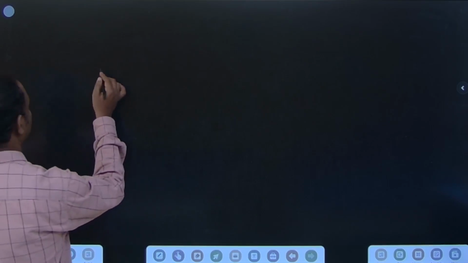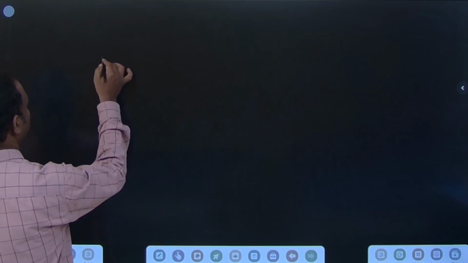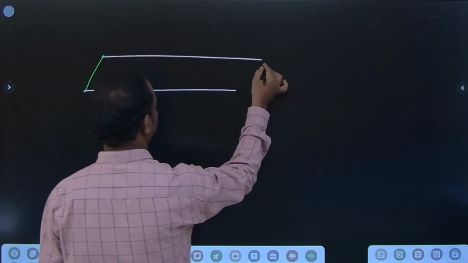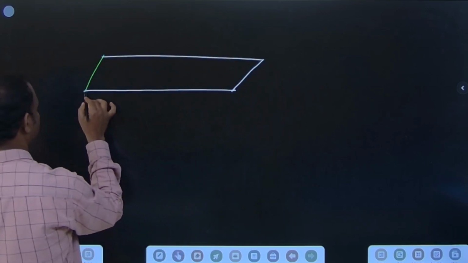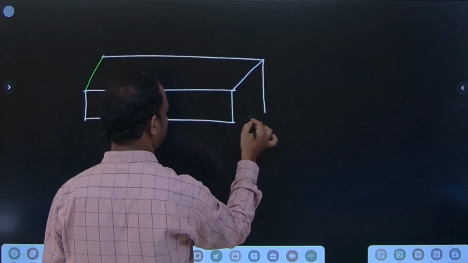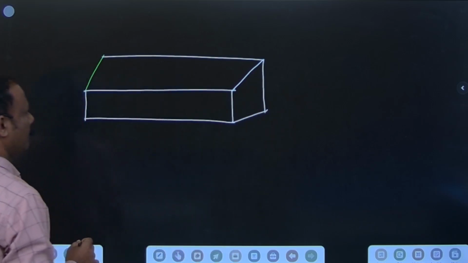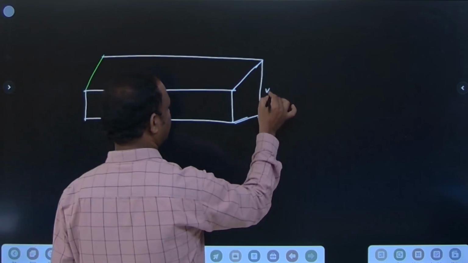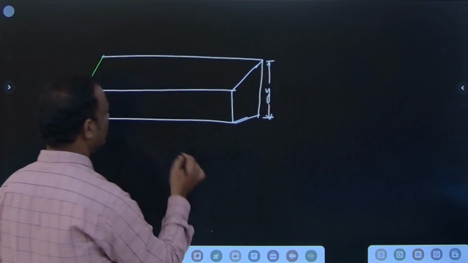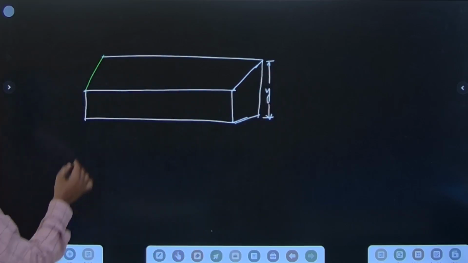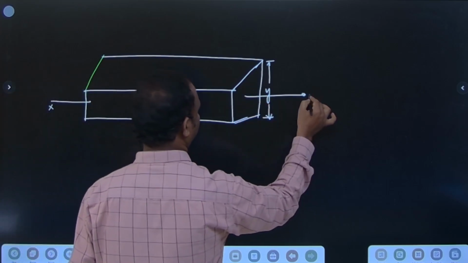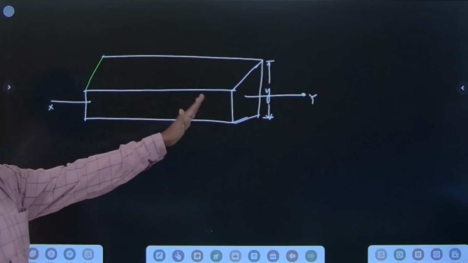Next condition: now this is the height y. The same approach, now we can use this. A potential difference is applied from here to here.